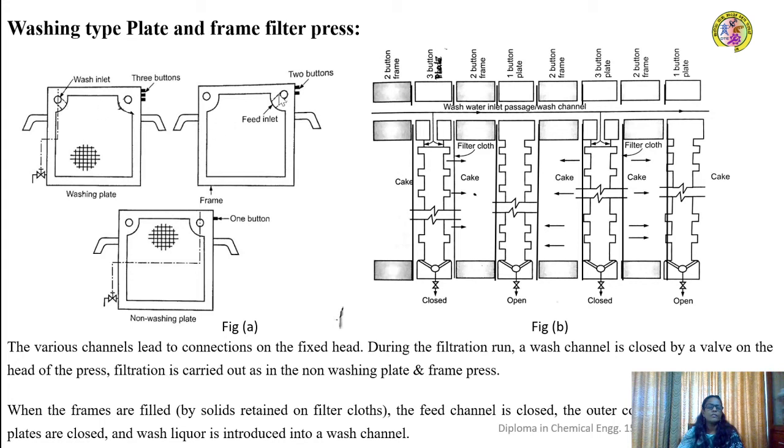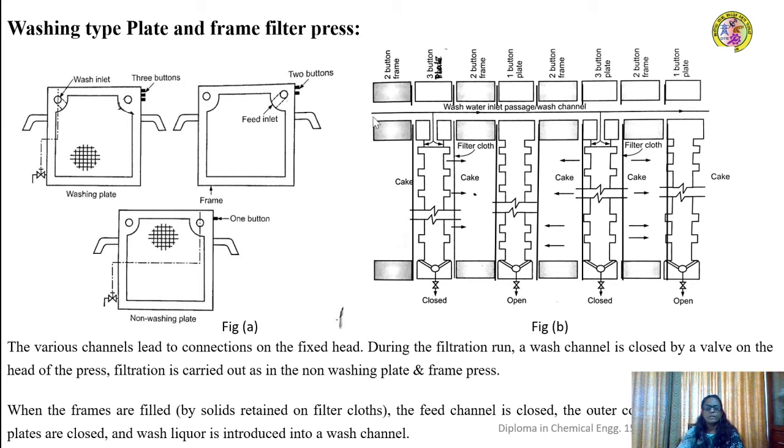Just like how the frame has an inner hole through which the slurry enters into the chamber, here the plates will have an inner hole through which the wash liquid will enter so that it can enter from behind the filter cloth that is on that particular plate.